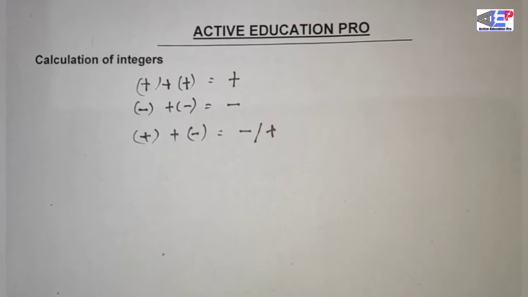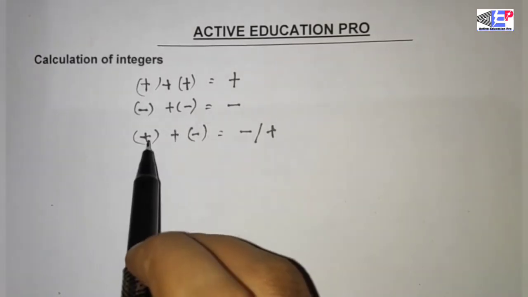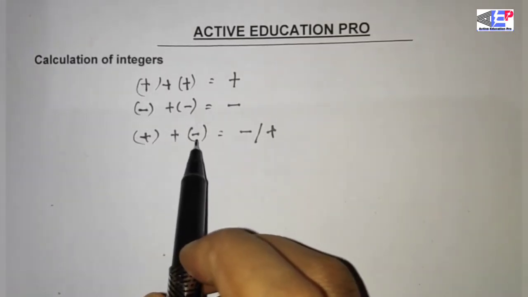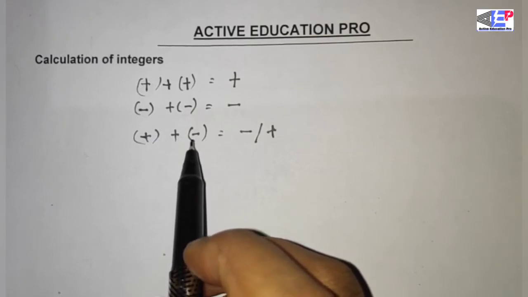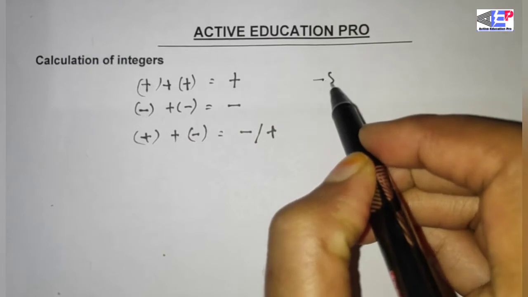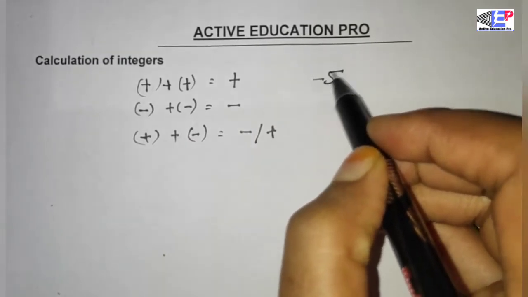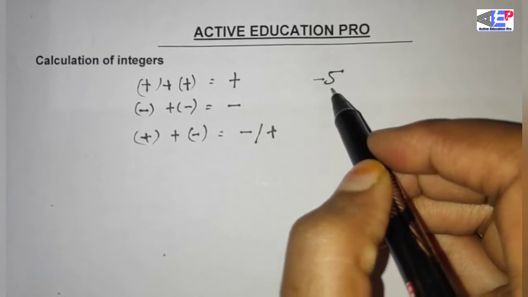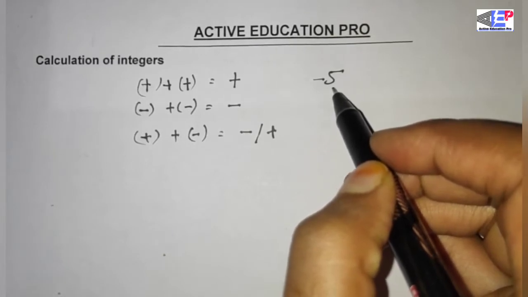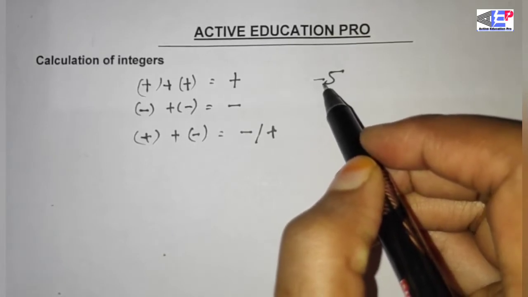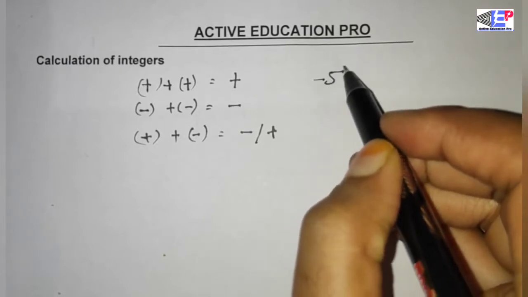A positive integer is always greater than a negative integer as per the number system, but at the time of adding a positive with a negative, first you have to compare the numerical values. Suppose it is -5: minus is the sign and 5 is the numerical value.